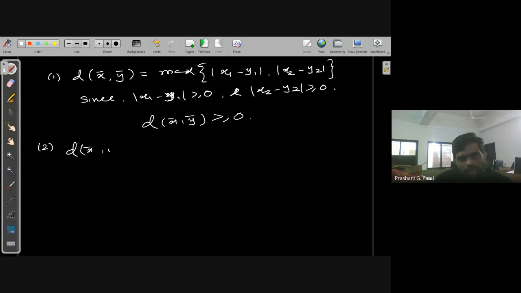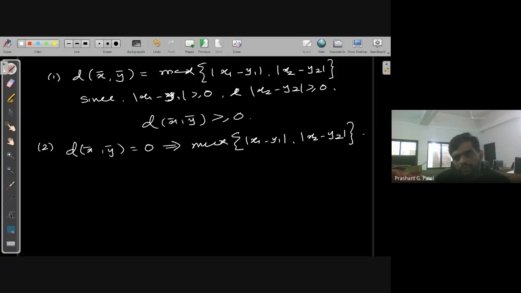d of x bar y bar is 0, which implies maximum of mod of x1 minus y1 and mod of x2 minus y2 is 0. So obviously, if the maximum number between two is 0 and both numbers are non-negative, which implies mod of x1 minus y1 is 0 and mod of x2 minus y2 is 0.